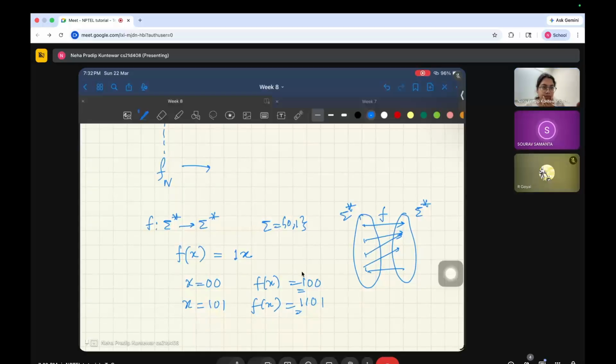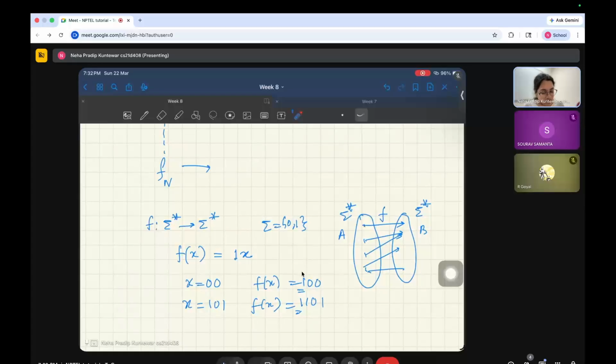The function of x equal to 100 means, what is, I could not clear here. Okay, so a function always has two sets, one on the left side, one on the right side. The set on the left side is your domain, the inputs that the function is going to take. Here the domain for us is sigma star, so these could be any input strings.